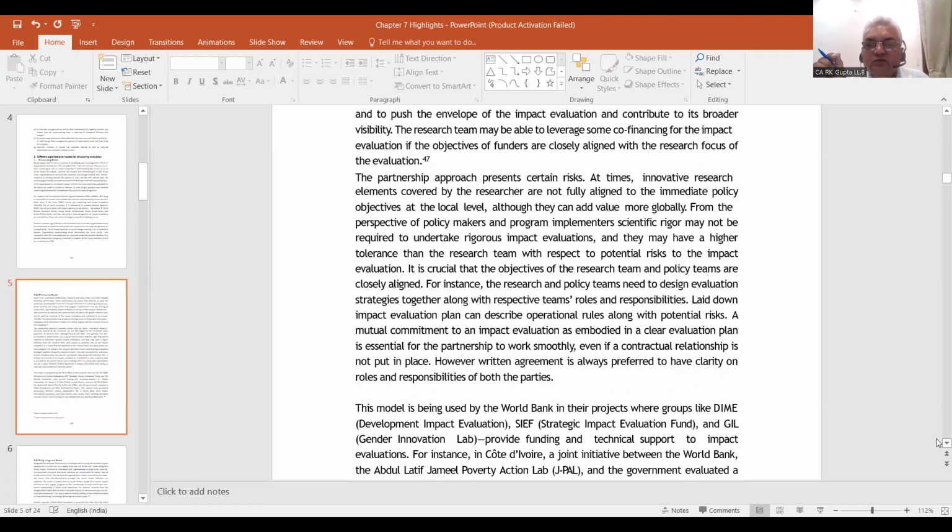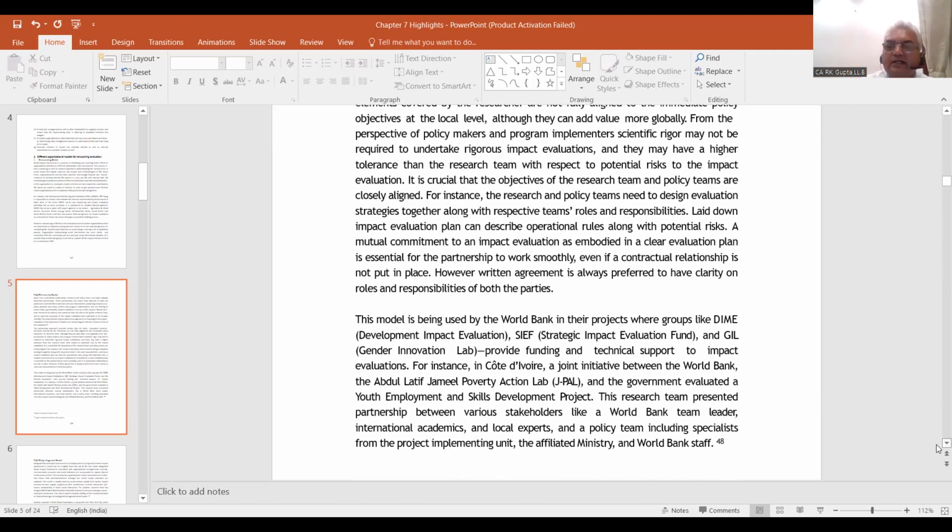So this model is being used by the World Bank in their projects for groups like DIME, Development Impact Evaluation, then SIEF, Strategic Impact Evaluation Fund, and Gender Innovation Lab. So they may ask questions on this. They provide funding and technical support to impact evaluations.